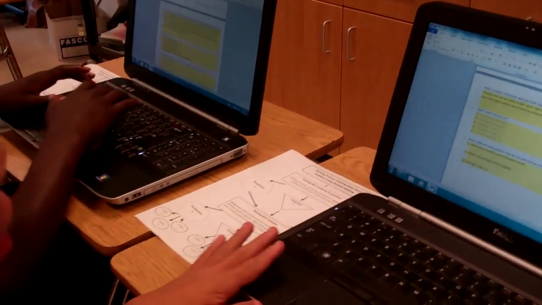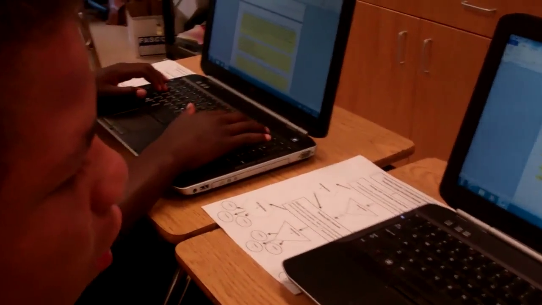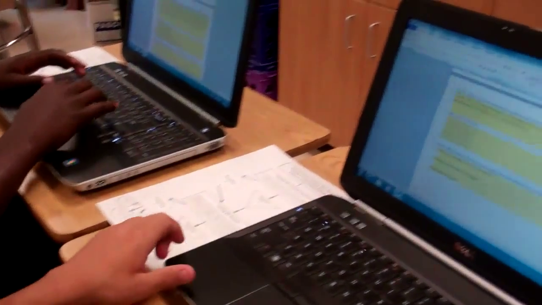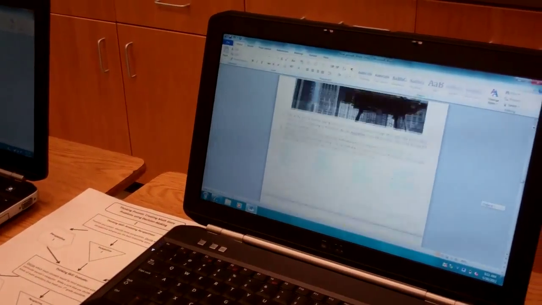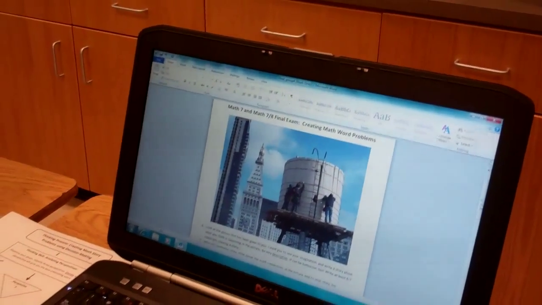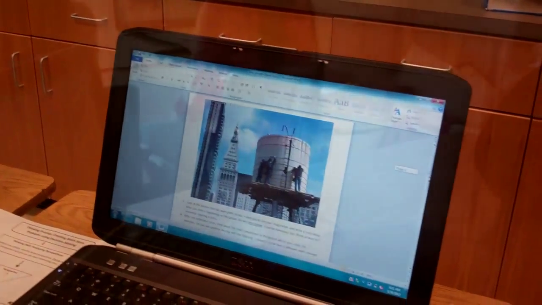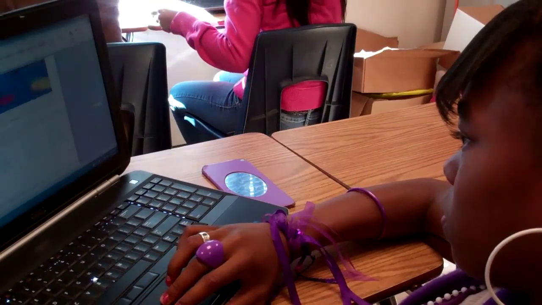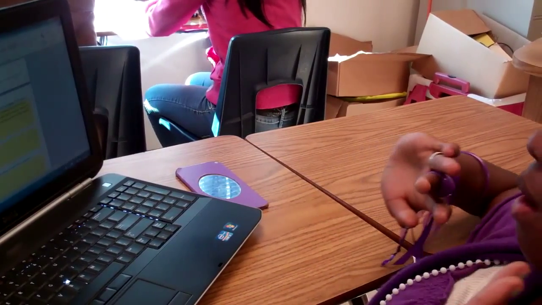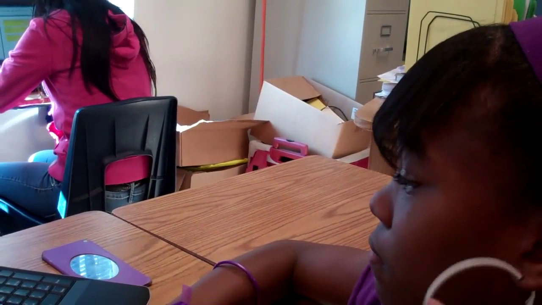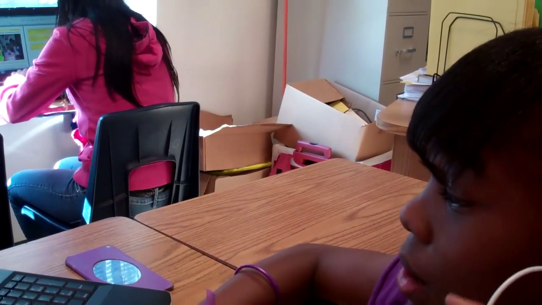What perspective did you decide to write from? The guys on top of the water barrel. Oh, so you're one. Let me see your picture. Oh, so you're one of the guys on the water tower. Mhm. Okay. Sure. Who are you? What perspective are you writing from, or making your story from? The park. The what? Have you thought about it? That's what I'm thinking about now.